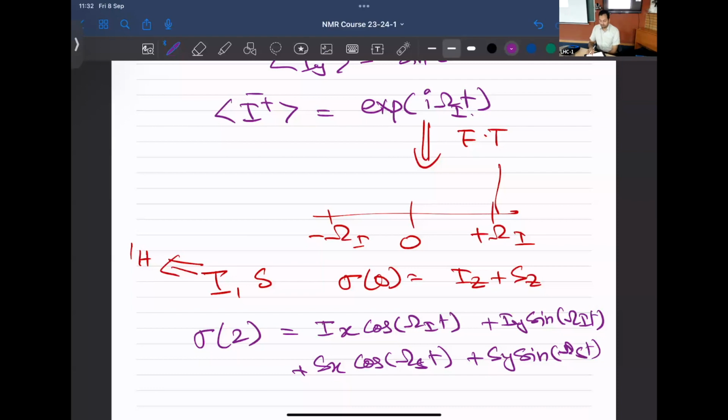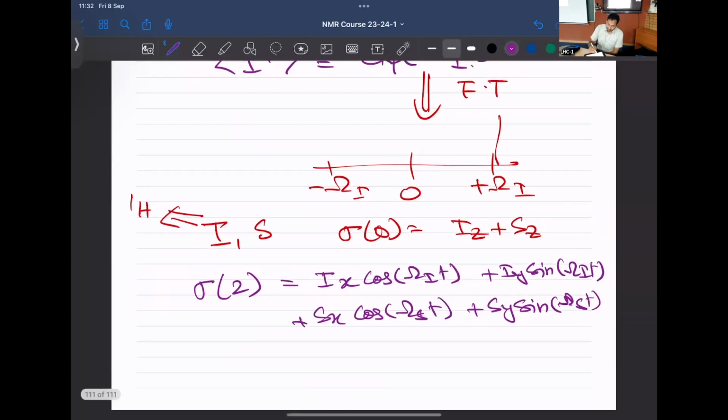Correct? Therefore, you'll be able to realize without any scalar coupling, let's say JIS is 0, yet again, it gives you a picture that you'll get two resonances, one at plus omega I, another at plus omega S, and nothing at the minus frequencies because you're doing quadrature detection.